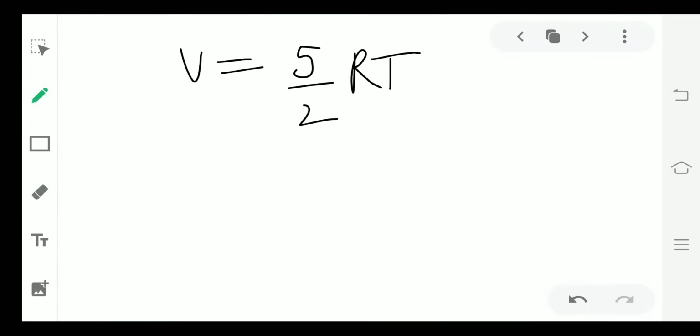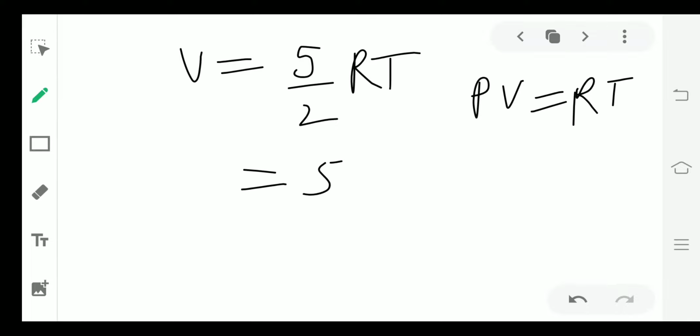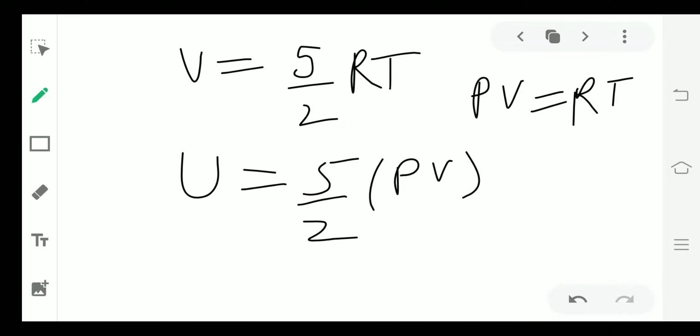Now we will convert this RT into PV, because from the ideal gas equation we all know that PV equals RT for 1 mole of gas. So in place of RT we will write PV. So U equals 5 by 2 PV.